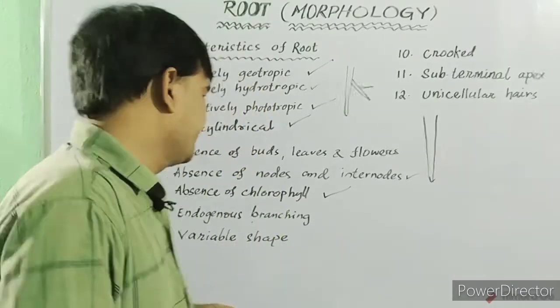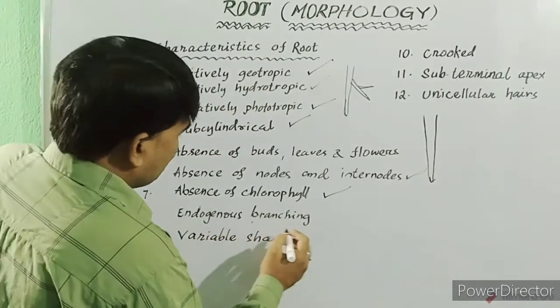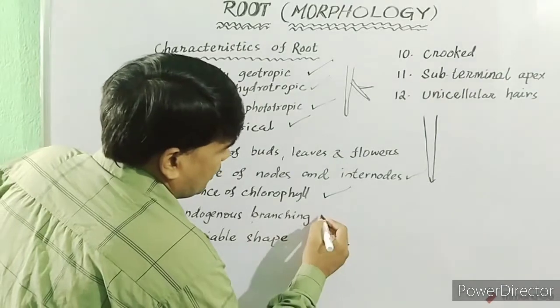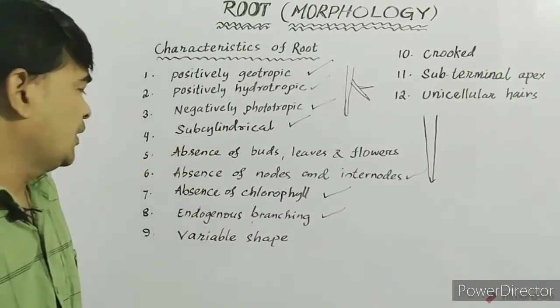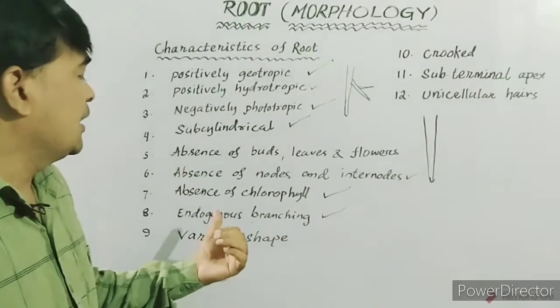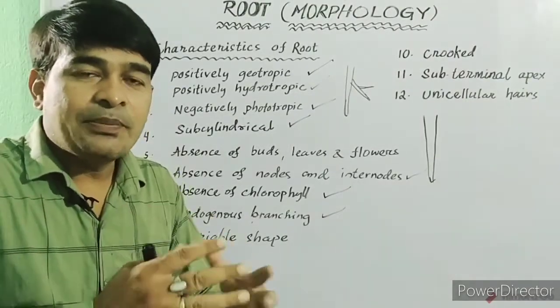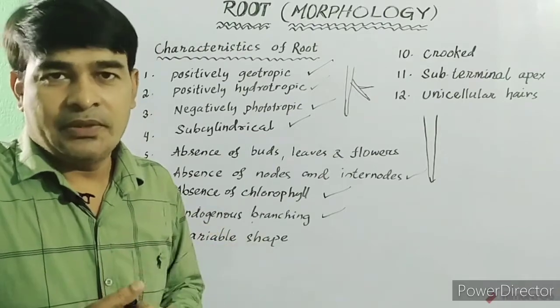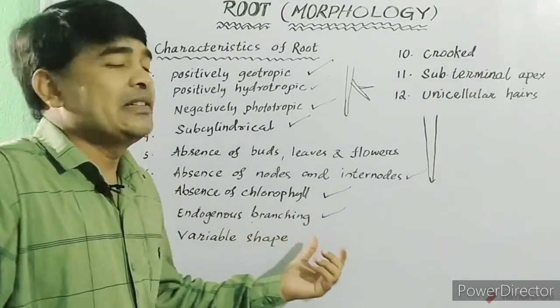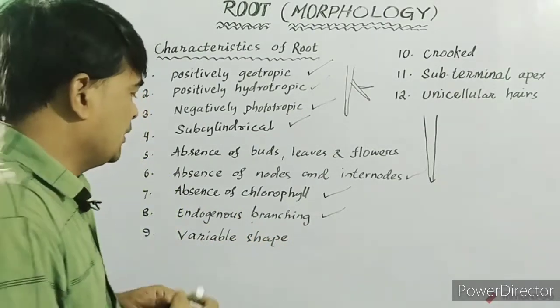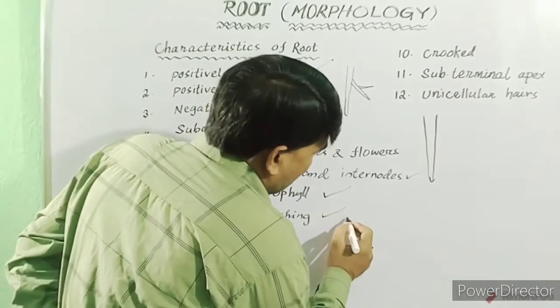Then branching pattern. In roots, the branching is endogenous. That means the branches arise from the internal tissues, that means from pericycle. Branches arise from pericycle.